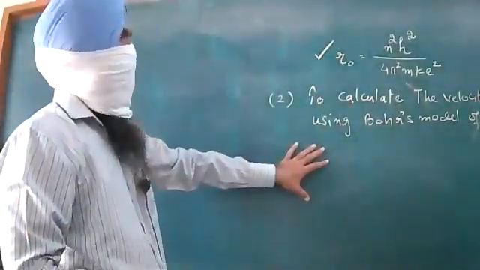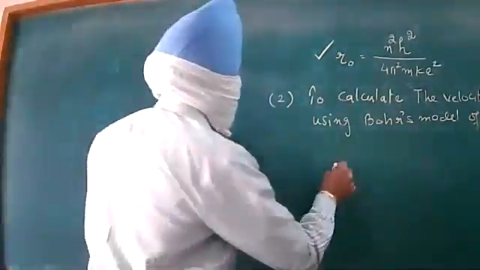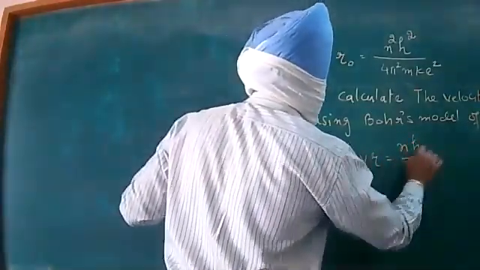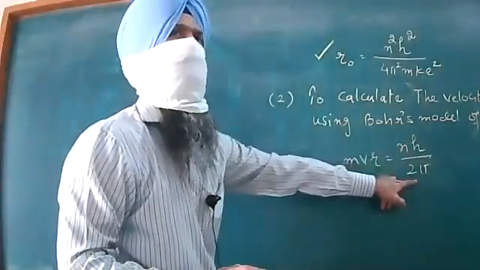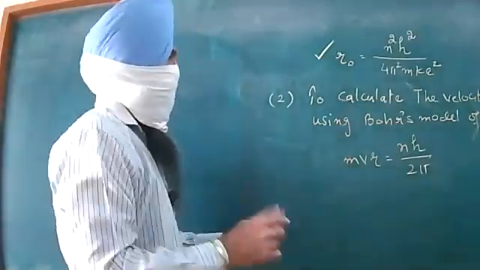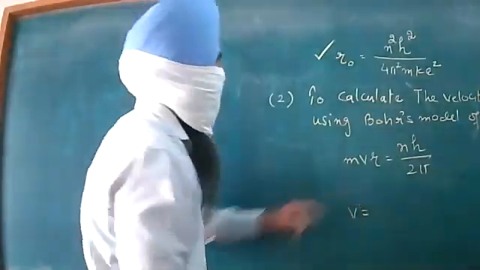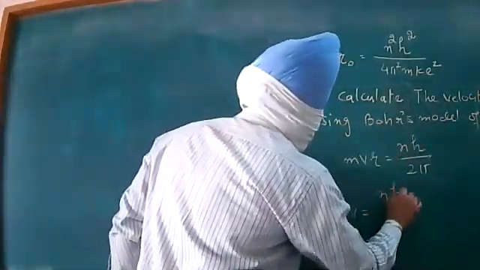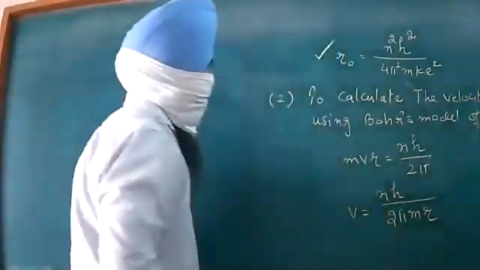Now keeping in mind Bohr's quantization condition, you might be remembering that m v r is equal to nh upon 2 pi, integral multiple of h upon 2 pi, angular momentum. Now, dear all, this v can be calculated from this expression itself, taking m and r on the other side. This is equal to nh upon 2 pi m r.